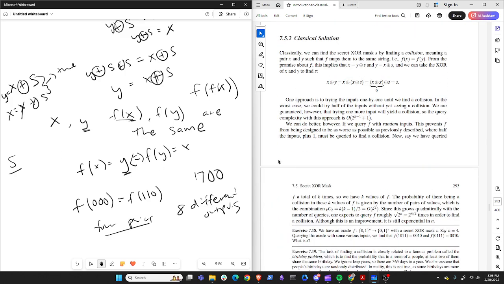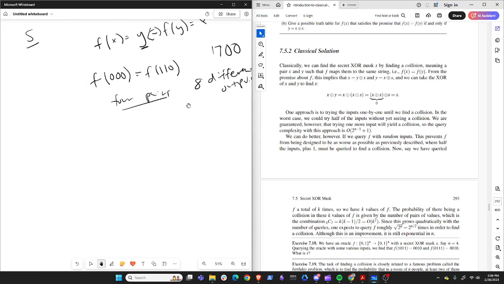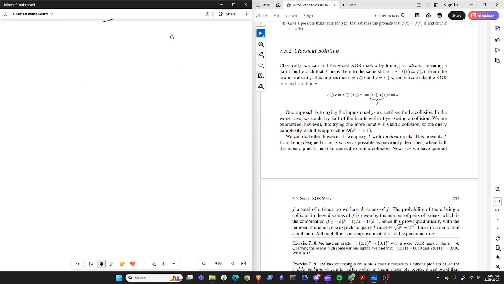So the classical solution is to find our collision. So finding a pair of x and y that f maps to the same string. This is actually the wrong way to put that.